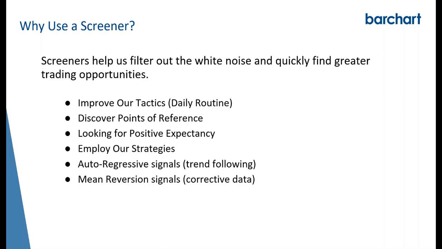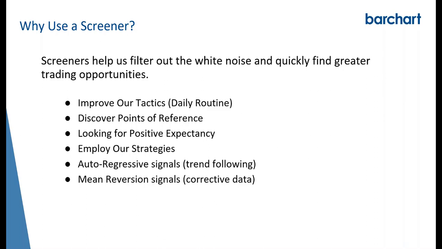A positive expectancy is what we anticipate is going to happen: a calculation says that if this calculation is correct, then we can expect a result, A plus B equals C. In other words, I'm going to look for strategies, inputs, and filters that are going to help me find the positive expectancies that I want.